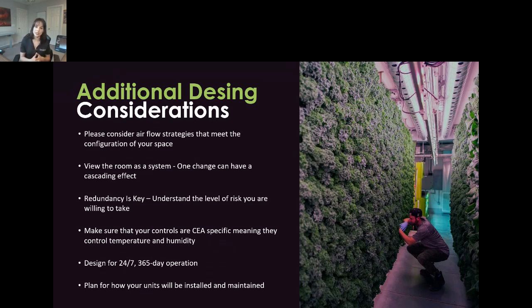For these spaces, make sure that your controls are CEA specific, meaning that they not only manage the temperature, but the humidity as well. Typical HVAC systems will just manage the temperature. As I said before, understand that if your operation is running 365 days a year, these units are running 365 days a year, 24/7.